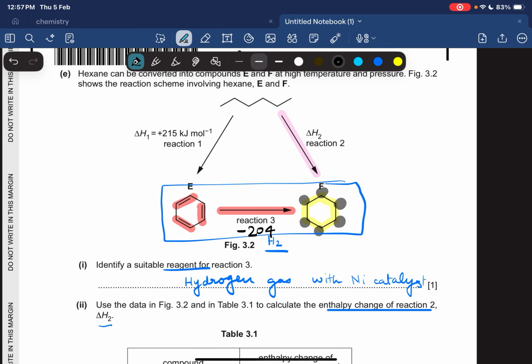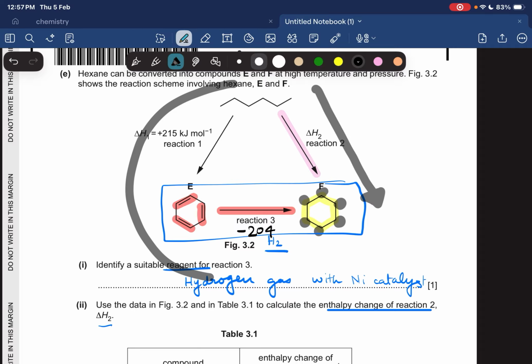Now I know there are two pathways for reaction 2. What are those two pathways? Simple, easy. The first path is going from here to here directly, and the second path is going from here to here. Now I'm going to equate these two paths, right? So for the first path, I have this value and this value.